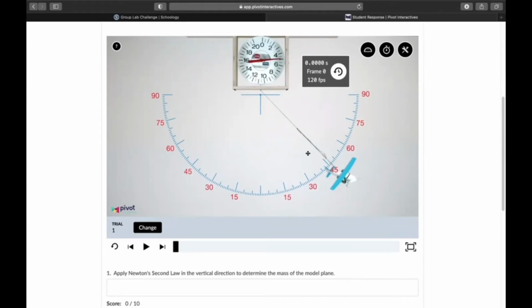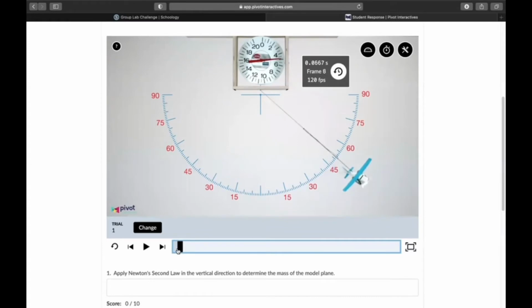At certain times, my intervals were not consistent because, as you can see, sometimes like here, the angle reached a maximum, or like here, and I wanted to record that. So sometimes my intervals weren't consistent. And I recorded these in my notebook, as you can see here. And I also used the negative angle to represent when the airplane would go to the left side.